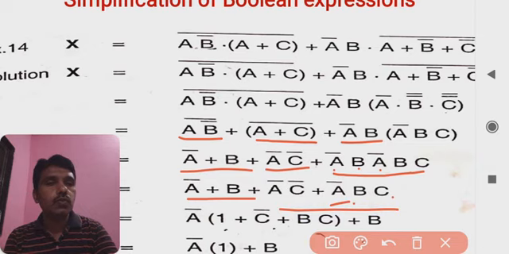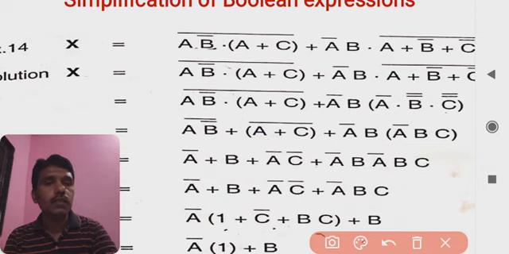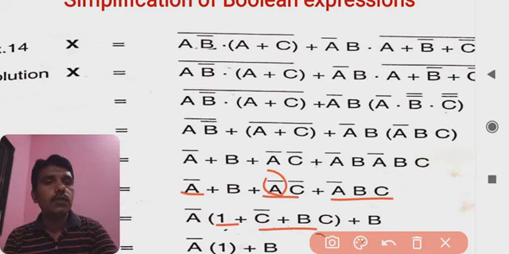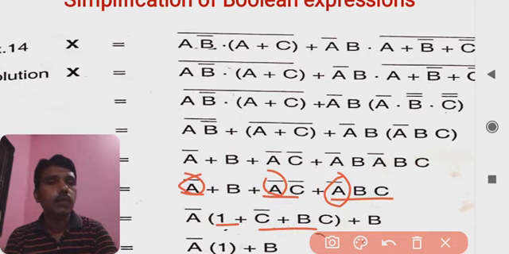So we have the remaining value a complement or b, or a complement c complement, or a complement b c. Now look at this quite interesting part. If we take a complement as common from these terms, then we will have 1 or c complement or bc, or b.